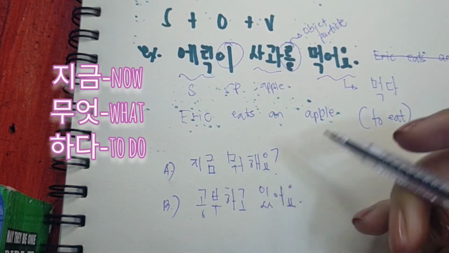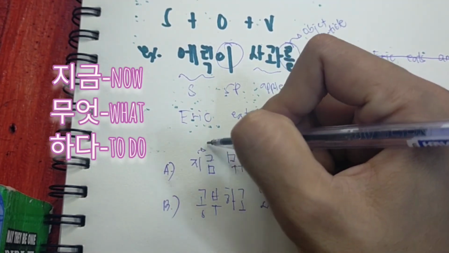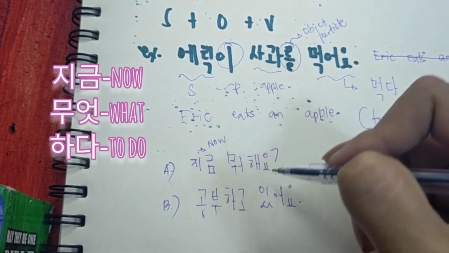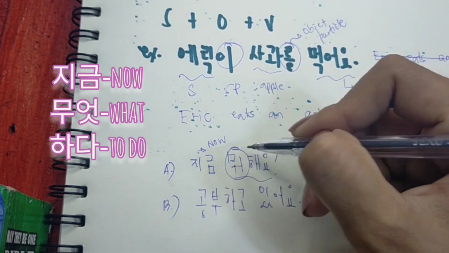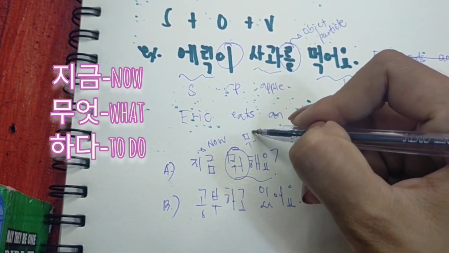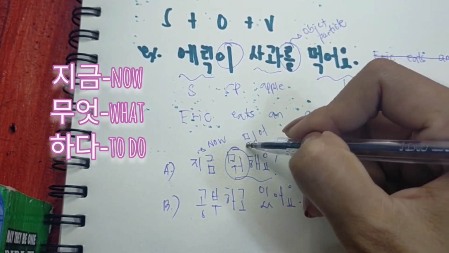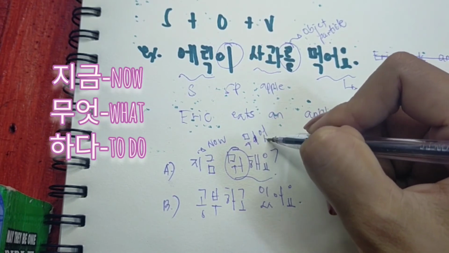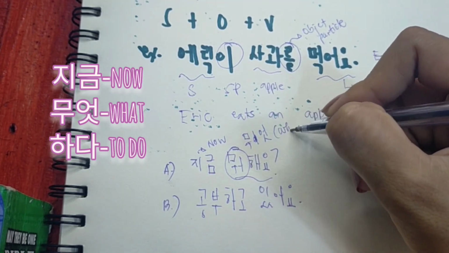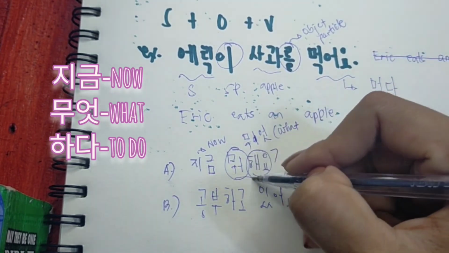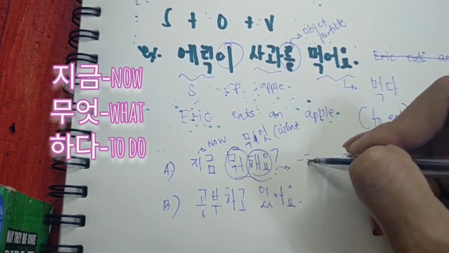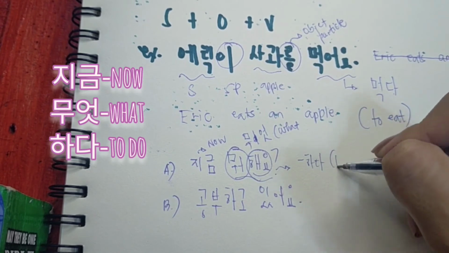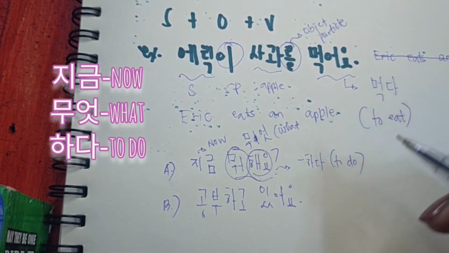지금 뭐해요? 지금 means now. 뭐해요 is from the word muot or what. Muot means what. Hada is from the verb. Heyo from the verb. Hada means to do. Ayan.